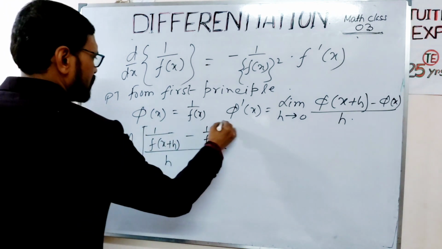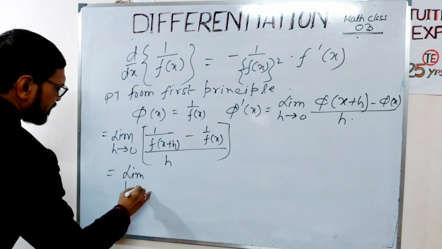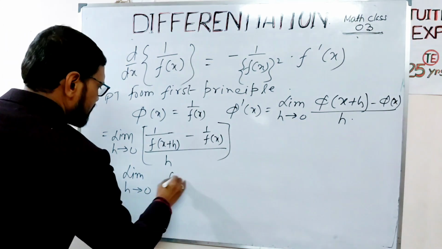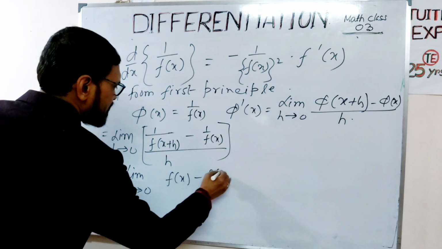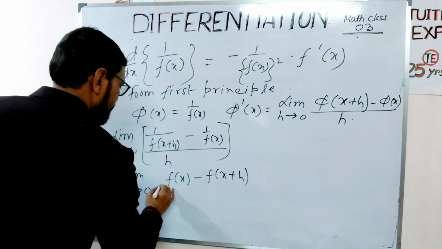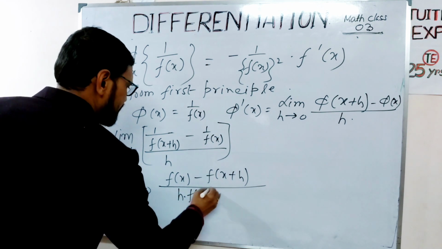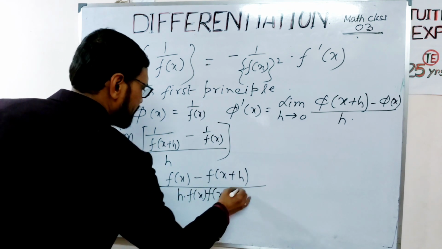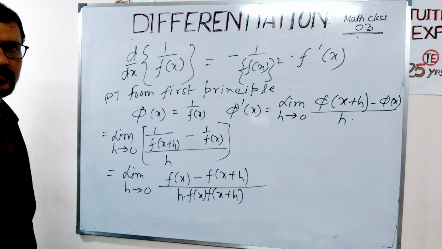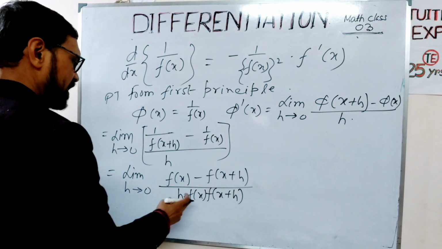Okay, now this becomes f(x) minus f(x plus h), over h into f(x) into f(x plus h). So put here h equal to 0.